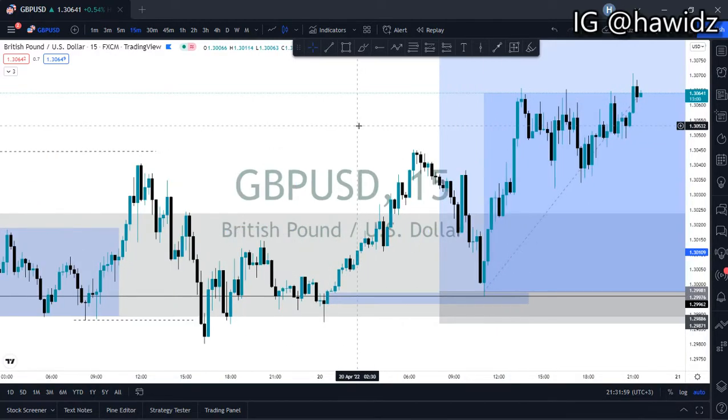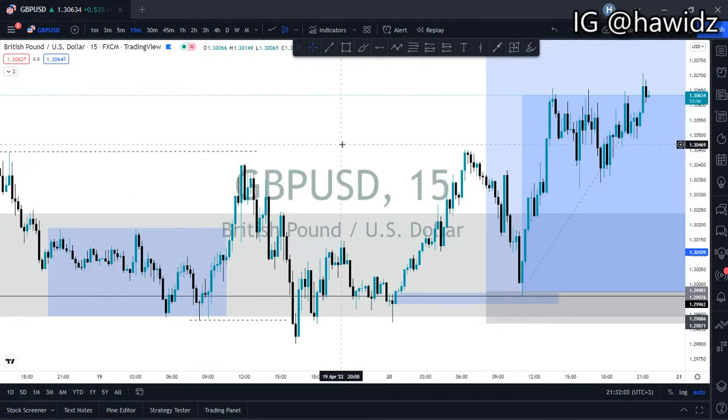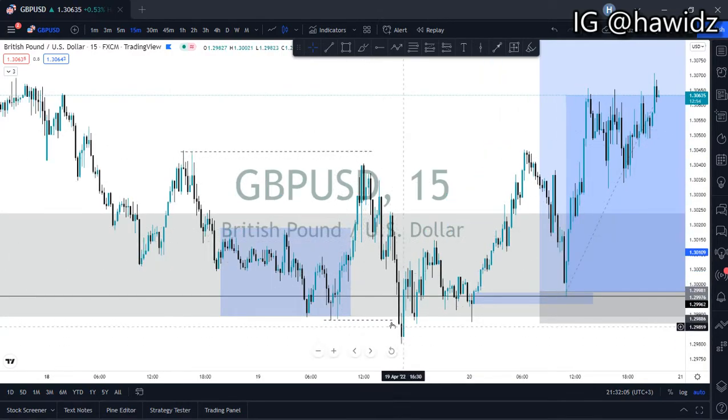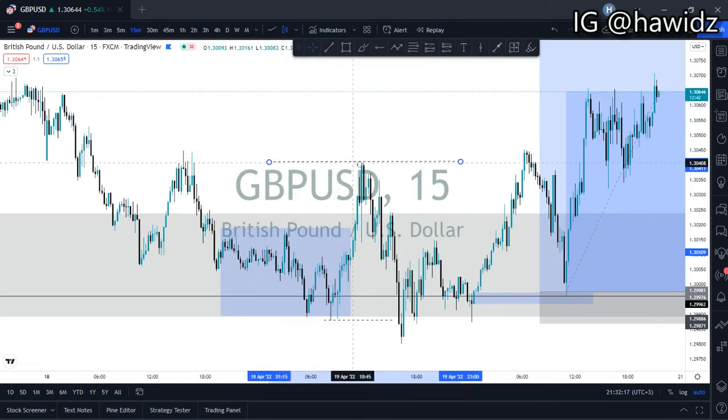Okay, let's come back now. So what I was looking for, when price gave me this low, my bias changed from looking at this high right here as my major structural point to be broken, to this high here, right?